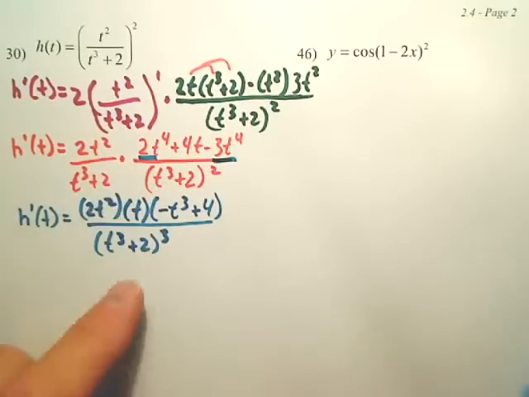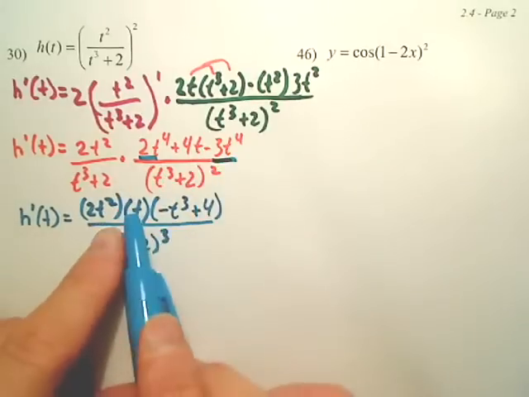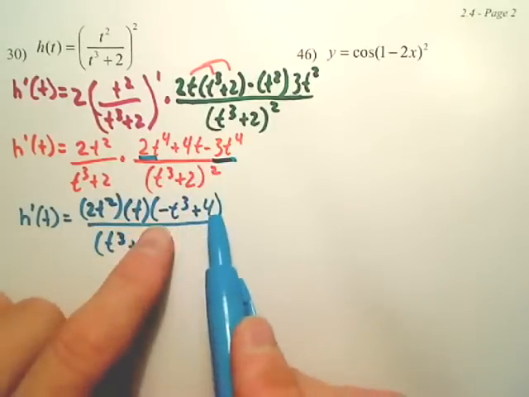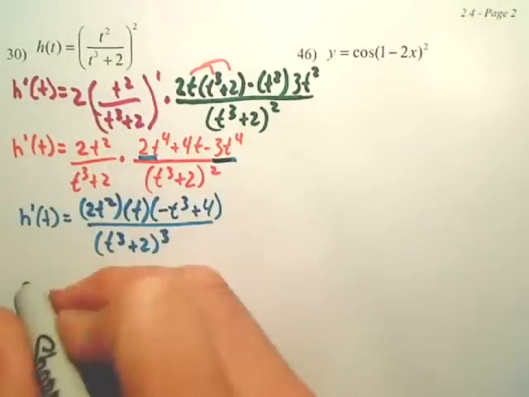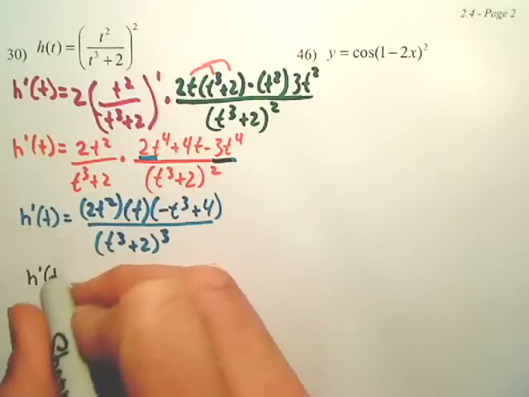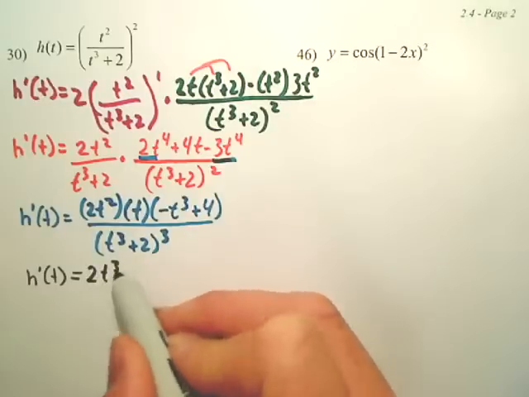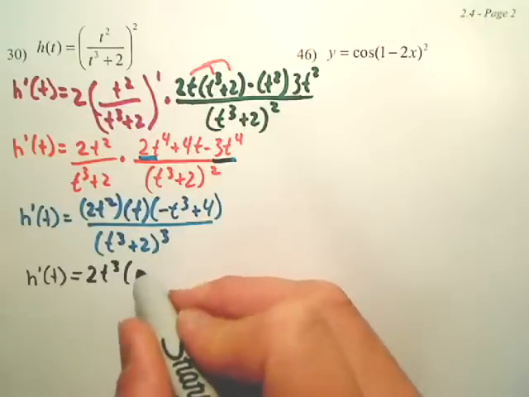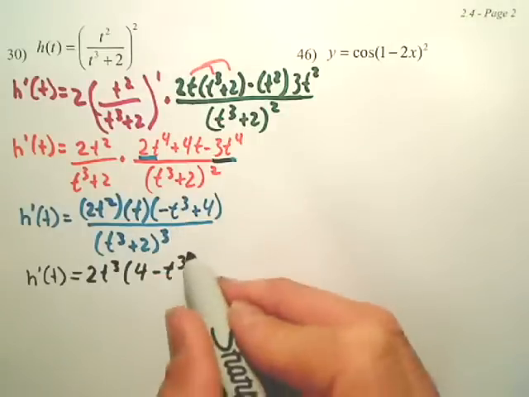So I end up basically with a negative t to the 4th plus 4t. I pulled the t out, that leaves negative t cubed plus 4. So my final answer would look something like 2t, and then just either way works. I'm just rewriting it this way because I hate negatives.